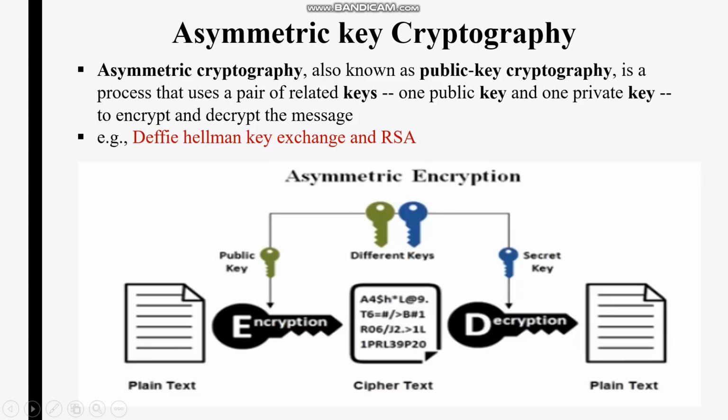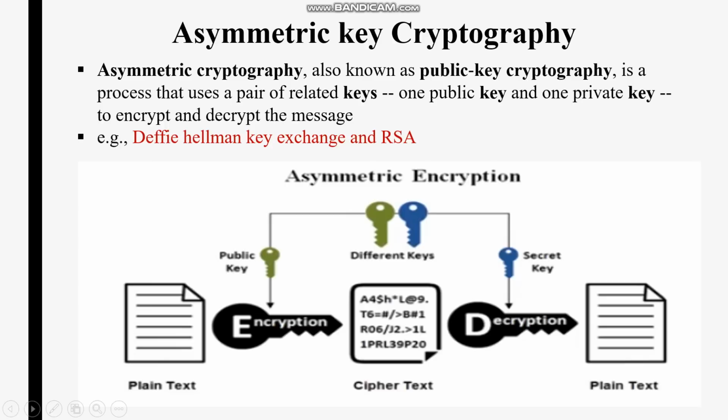The public key is used while performing encryption. The private key is used while performing decryption. This has to be private key, not secret key. The public key is known to everybody and the private key is kept secret. It is known only to the intended receiver or recipient.